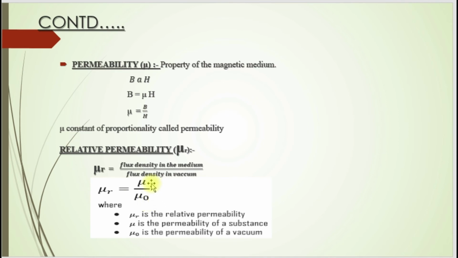Then relative permeability of vacuum or free space, that is mu r of free space or vacuum, is equal to unity. Mu r of air is also nearly equal to unity.